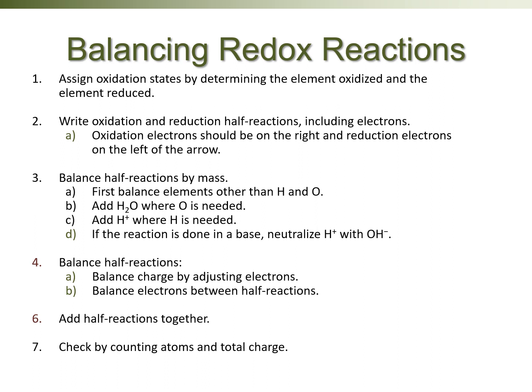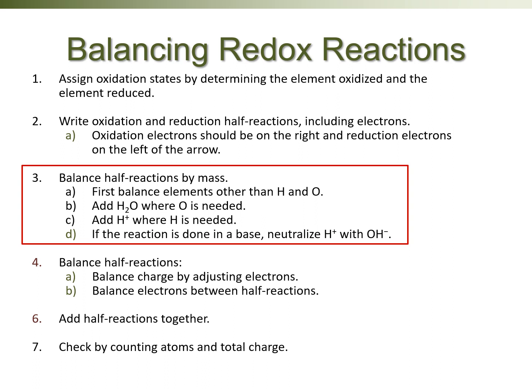All right, so in order to balance these 2 equations, we're going to be looking at this part right here. We're going to balance everything except hydrogen and oxygen, and then we're going to take a look at our oxygens, and we're going to balance those by adding water where we need to. And by adding water, we'll also be adding hydrogen, which means we're going to have to add these hydrogen ions in order to balance the hydrogens out.